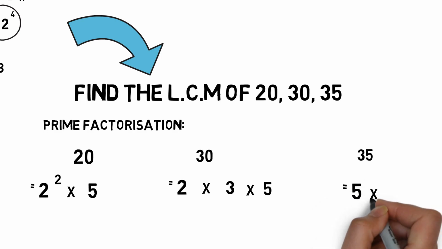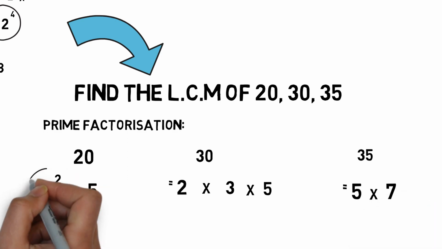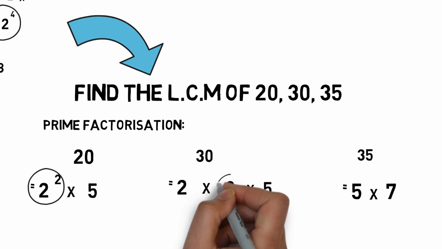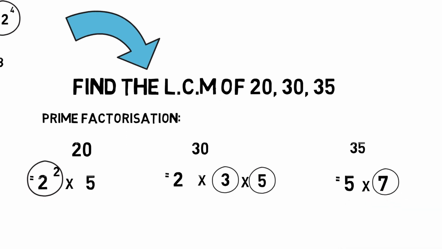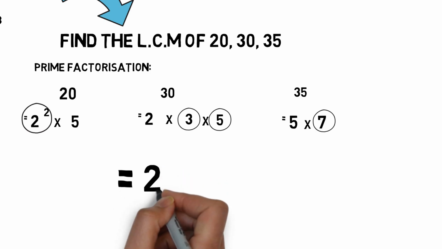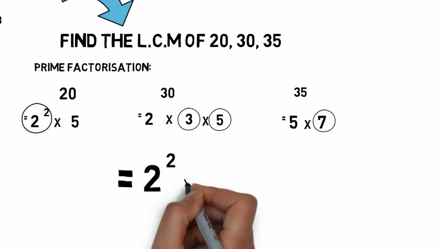Now again, we need to find for each prime factor the one with the highest exponent. So 2 to the power of 2 is the highest exponent for the prime factor 2. 3 to the power of 1 is the highest for 3. 5 to the power of 1 is the highest for 5. And the highest exponent for 7 is 1 as well. So even though we have 3 5s, we just use 1. Now we need to multiply all of them together.